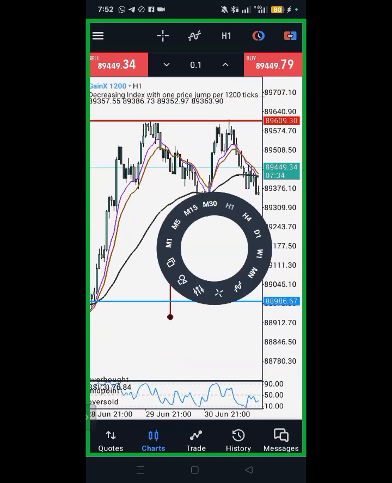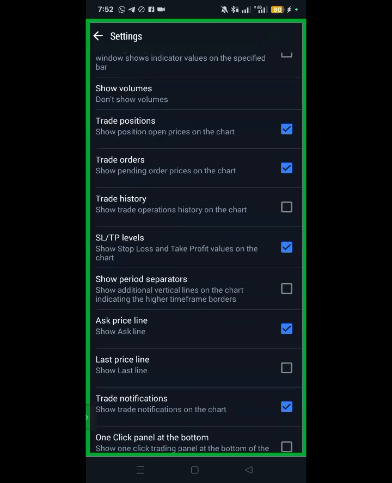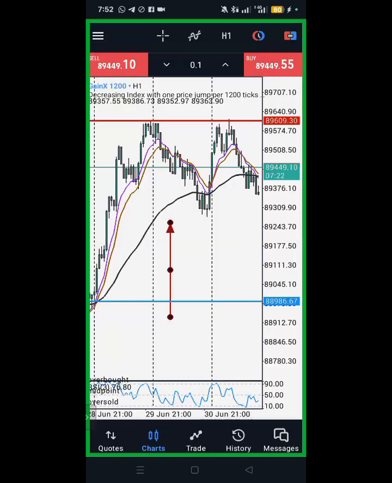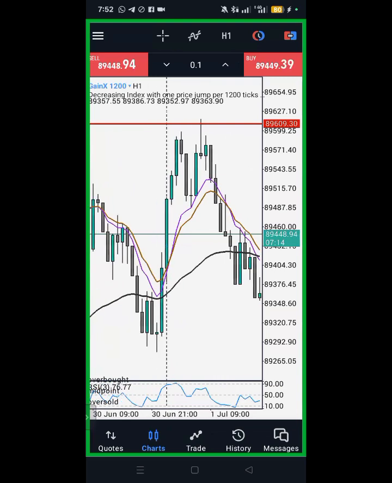Before I zoom in on 1 hour, let me put the daily separator, which I removed because I don't always use it. I'm only using this separator for this class because I have gone past this level. But for the purpose of this class, I have to put it so that I can explain very well.